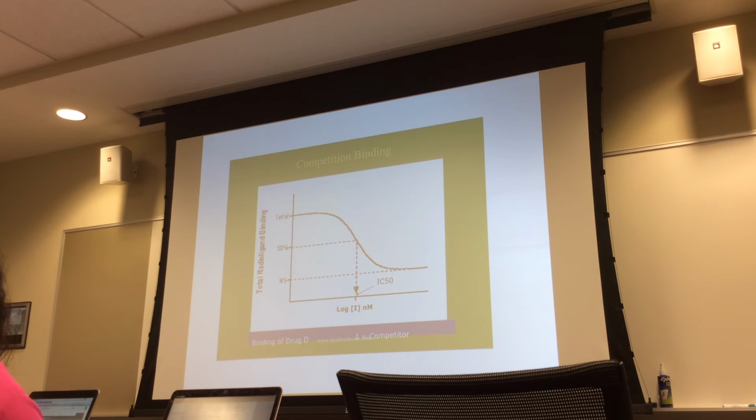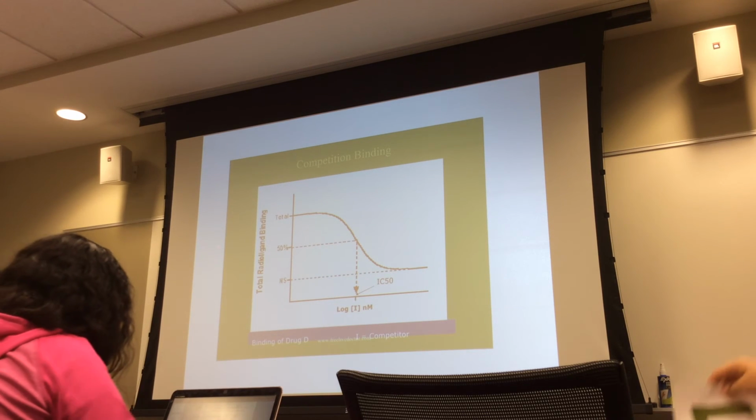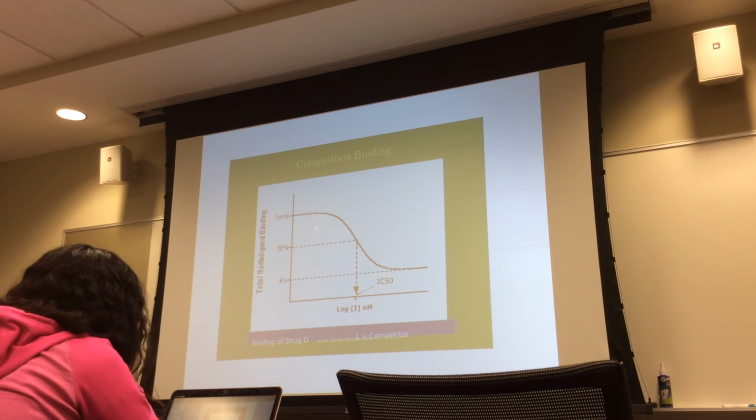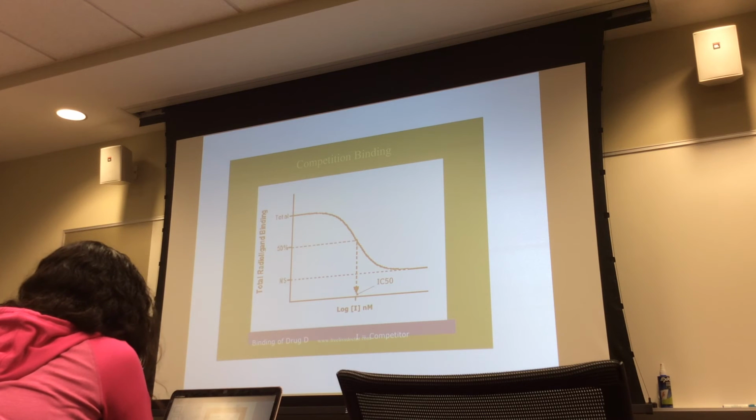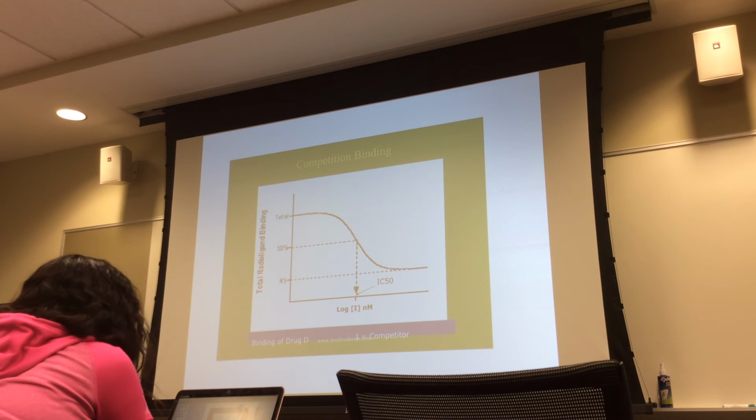Okay, this is just a graph showing you how you calculate the IC50 for competitive antagonism. So you simply add your receptors, add your agonist, and in this case, most of the time it's a radio-labeled or radioactive agonist that binds to the receptor. Then you compete with this by adding the antagonist.